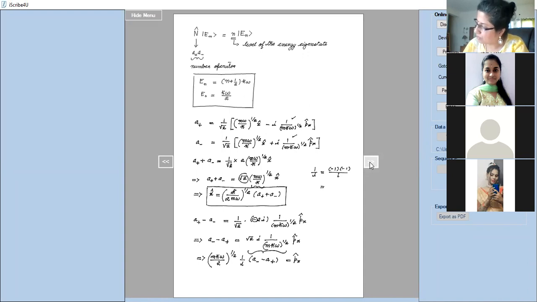So this is going to be nothing but i into minus 1 divided by i. So i and i cancel. So it becomes equal to minus i. I hope you remember that.